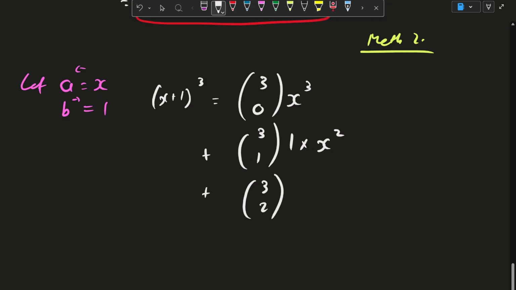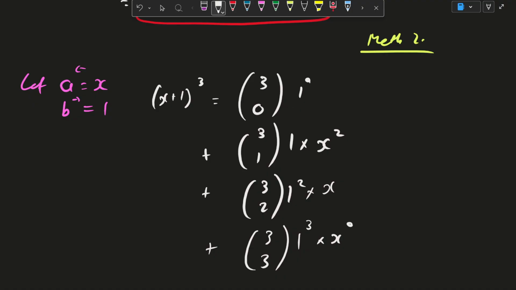Plus 3 choose 2. That's 2 movements to the right, so that's going to be 1 squared times x. Then plus 3 choose 3, that'll just be 1 cubed. Technically times x to the 0, if I want to be very pedantic about my notation.